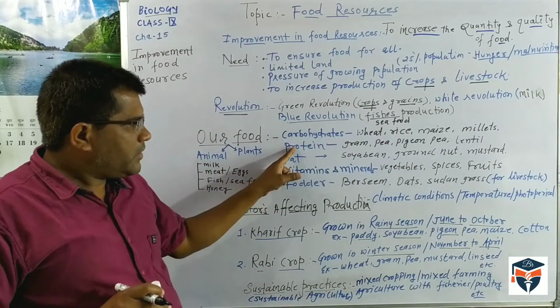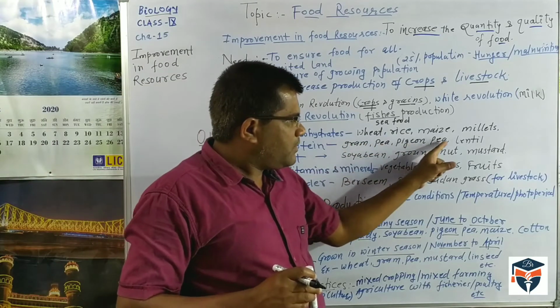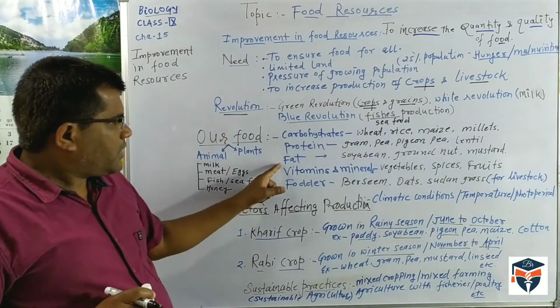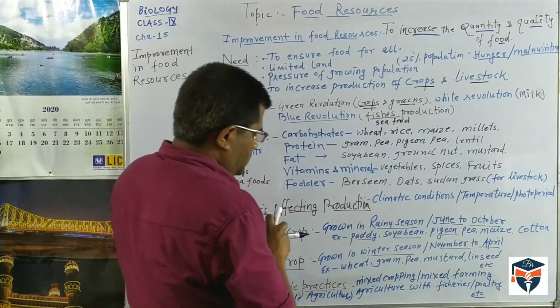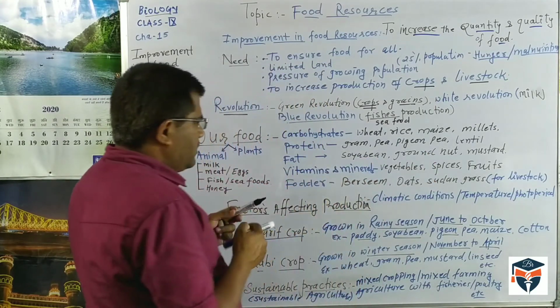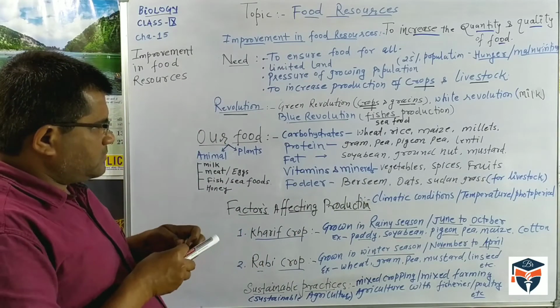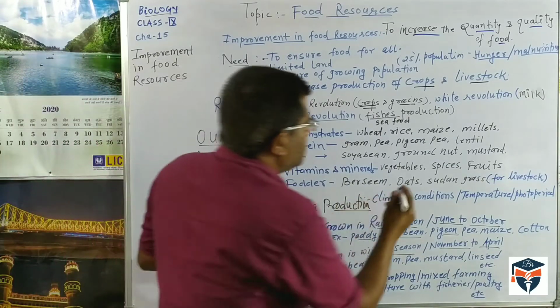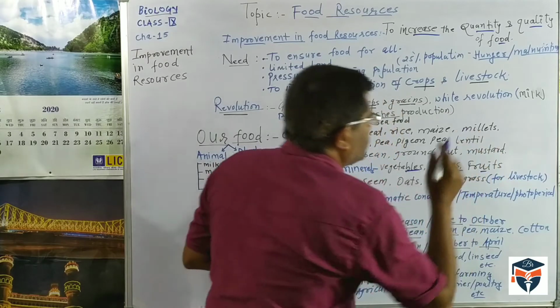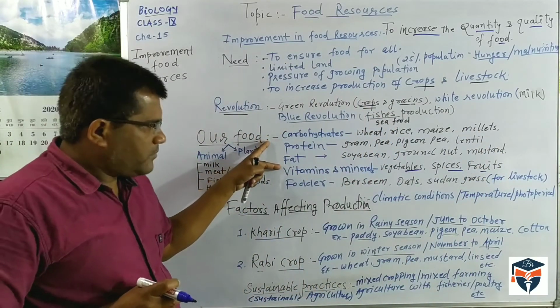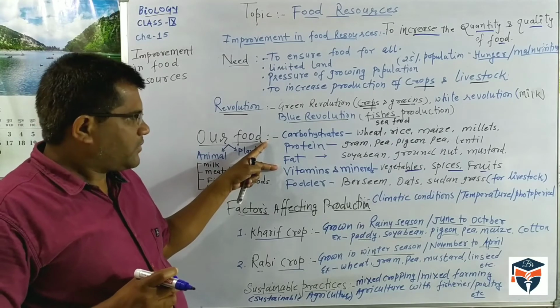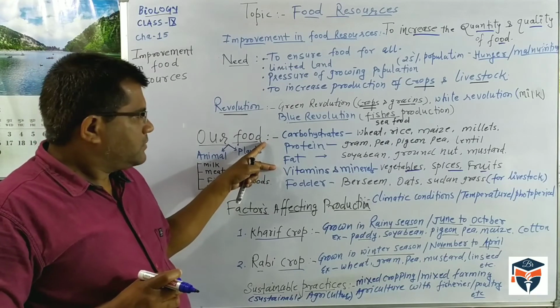We are getting protein from gram, pea, pigeon pea and lentil. We are getting fat from soybean, groundnut and mustard. We are getting vitamins and minerals from vegetables, spices and fruits. These are the basic food materials we are obtaining from plants.